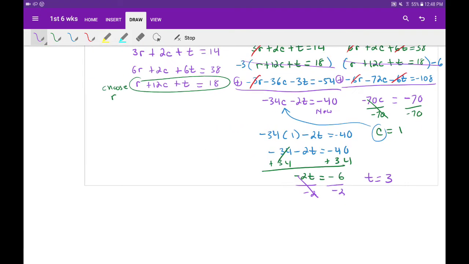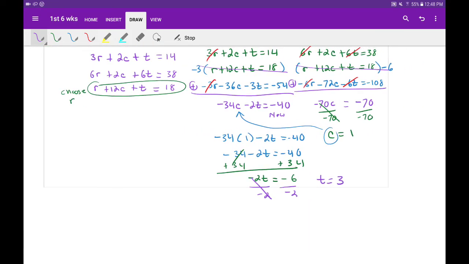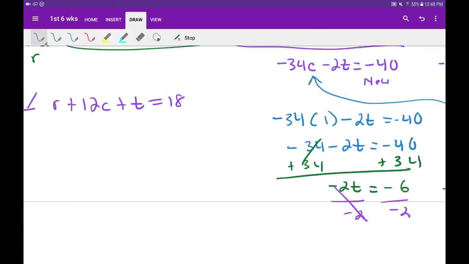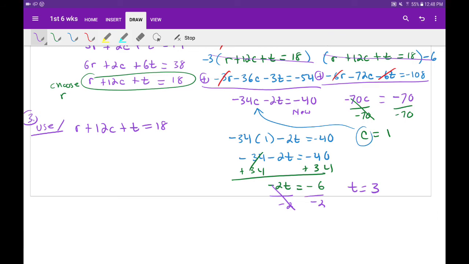All right, so since I have C and T, all I got to do is find R. I'm going to use the bottom equation again, so for the last step, this will be like step 3. So I'm going to plug in C and T for R. R plus 12C plus T equals $18. I'm going to have R plus 12 times whatever C is plus whatever T is equals 18.